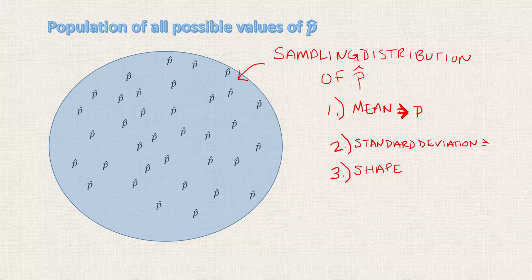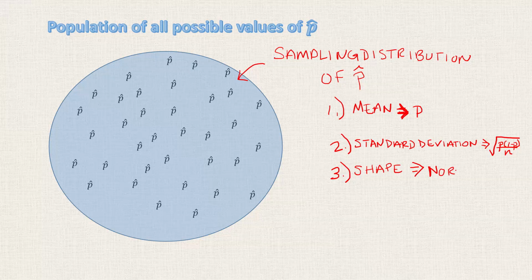Now the formula for standard deviation, when you're thinking about it in terms of the sampling distribution of p hat, you would have p times 1 minus p, and you would divide that product by n, and then take the square root of that quotient. So you can see that as n increases, because it's in the denominator, we would expect the value for standard deviation to decrease.